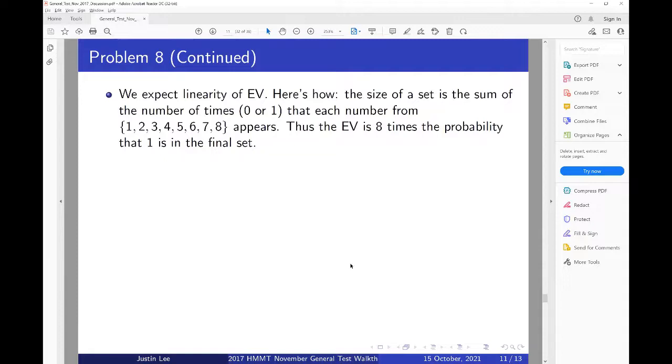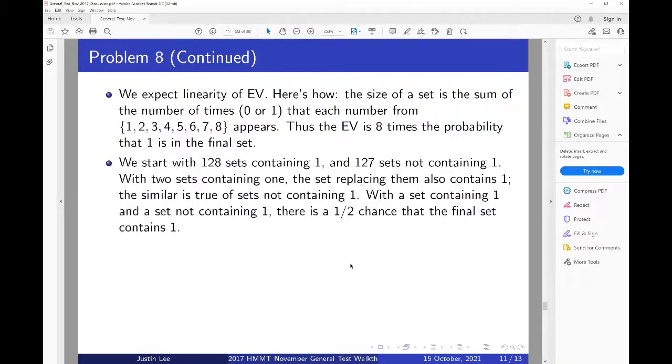And when I say the expected number of times that 1 appears in the final set, that's really just a weird way of saying the probability that 1 is in the final set. So now we ignore all the other numbers in our collection, and we just focus on the number 1. We want to find the probability that 1 is in our final set.